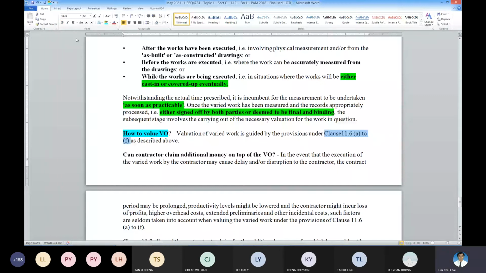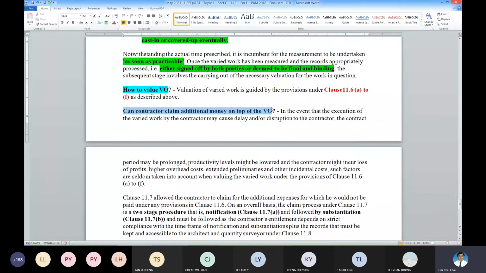And then here, for additional claim for money on the VO, can you claim or not? The answer is yes, if the contractor invokes clause 11.7A and 11.7B.